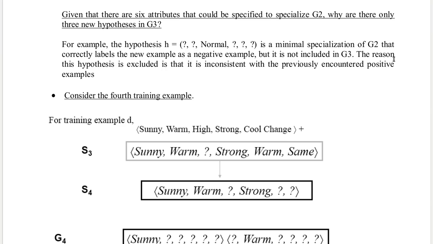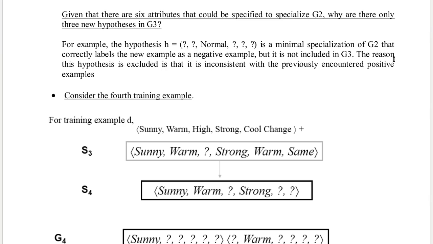Let us compare S3 with the training example D. The first attribute is sunny, the second attribute is warm, the third attribute is anything, the fourth attribute is strong, and the fifth and sixth attributes are different. The fifth attribute is warm in S3 and it is cool in D. Similarly, the sixth attribute in S3 is same and in D it is change. So these two attributes are to be made more general by putting question marks.